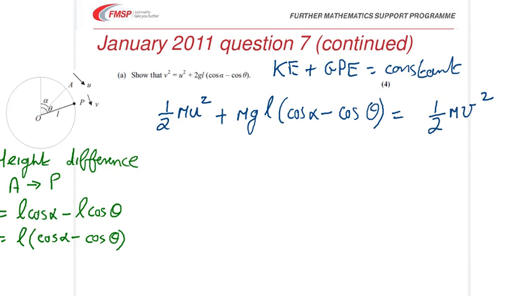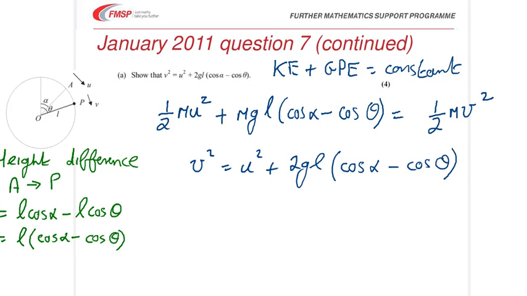If you look carefully at that, if you divide by m throughout and double everything, you get the expression they've got: v squared equals u squared plus 2gL(cos alpha minus cos theta). Now remember, that will give us the velocity anywhere, so long as we put in the required value of theta.